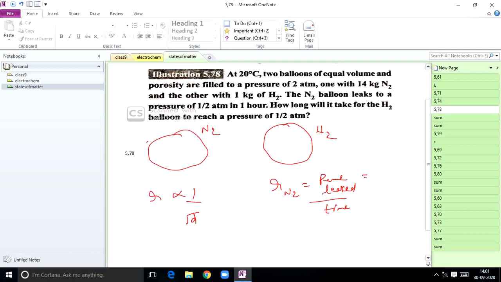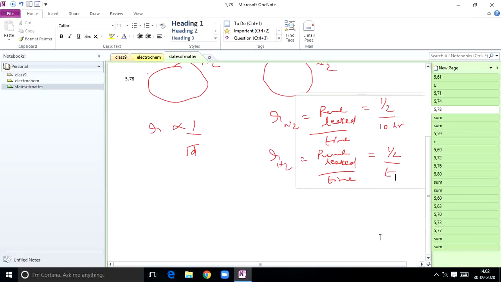So that is 1/2. Time, how much? 10 hours. Okay, 10 hours. So rate of diffusion of hydrogen you do. Here also pressure leaked divided by time. So pressure leaked here also 1/2, and time we don't know, T. That is the time he is asking.